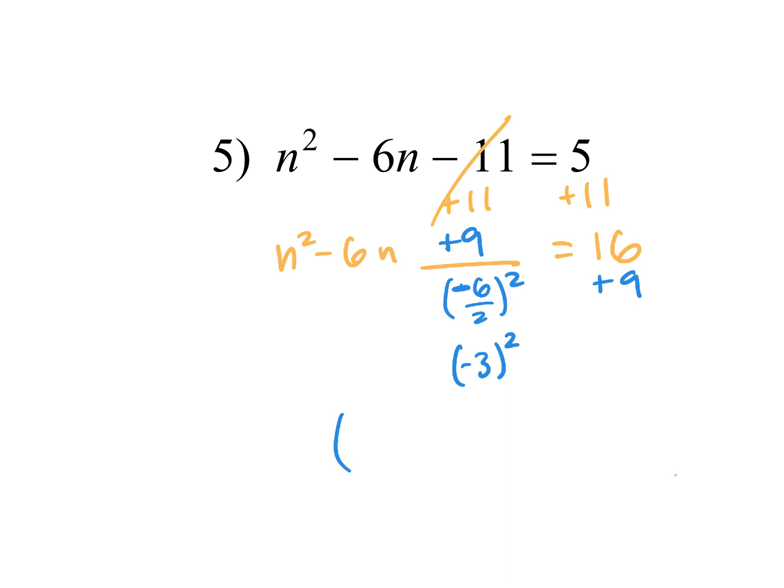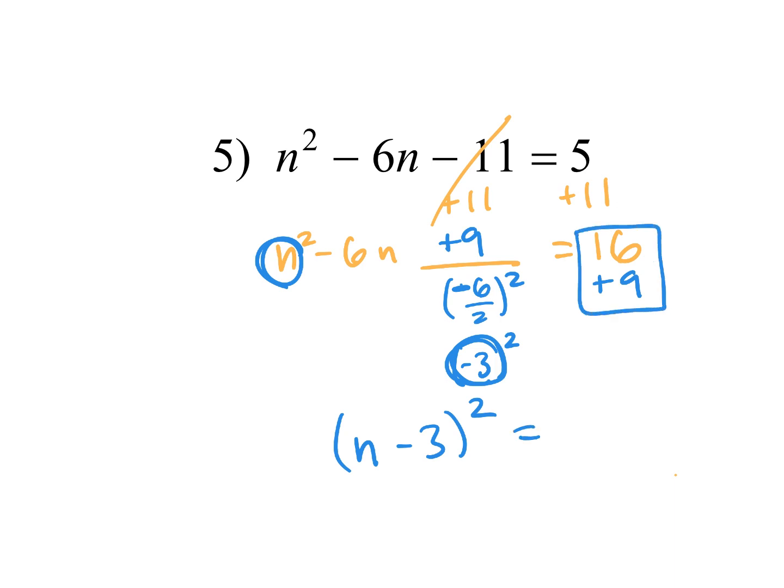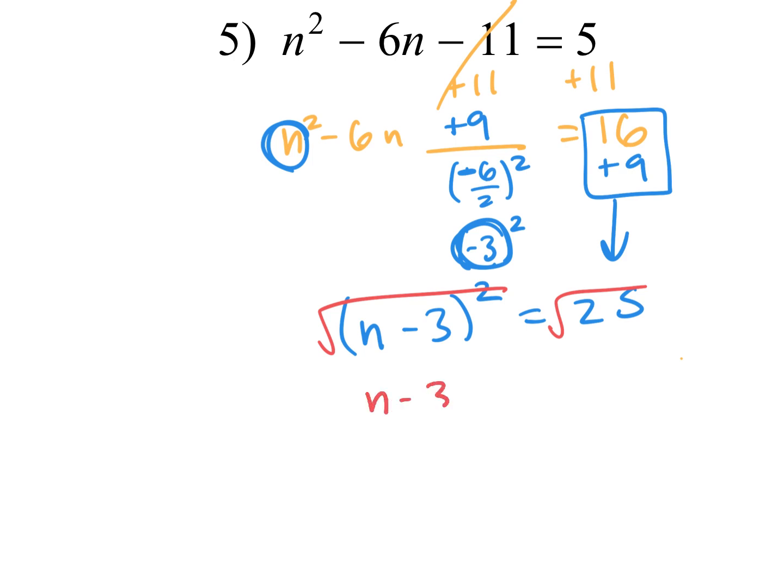Then I have my parentheses squared, and what goes in the parentheses? Here it uses n, but if you want to use x, that's totally fine. So we have n minus 3. And what's that equal to? 25. 16 plus 9 is 25. What do I do next? Square root. So n minus 3 is equal to?